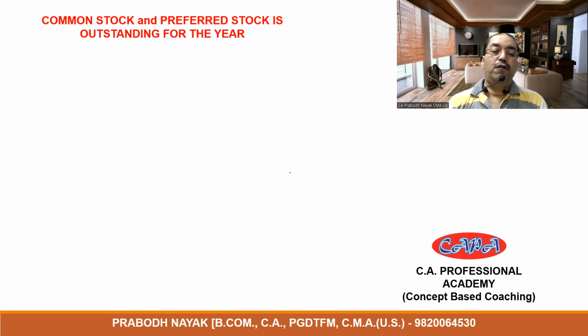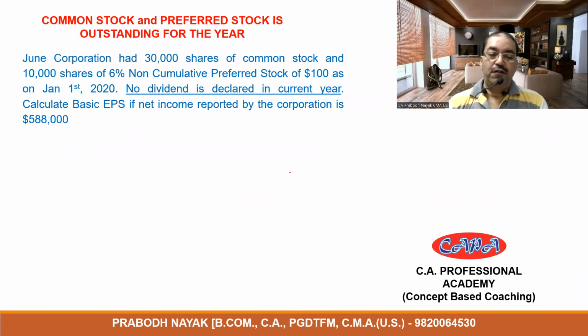Common stock and preferred stock are outstanding for the year. What is the difference here? Same problem. The corporation had 30,000 shares of common stock and 10,000 shares of 6% non-cumulative preferred stock of $100 par value as on 1st Jan 2020. But they have said no dividend is declared in the current year.